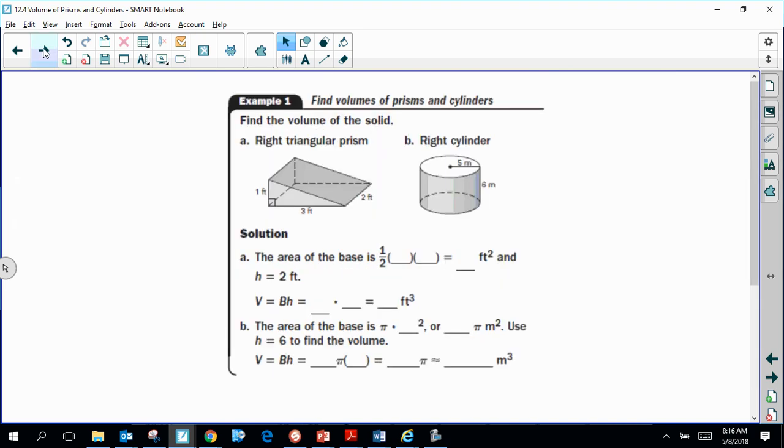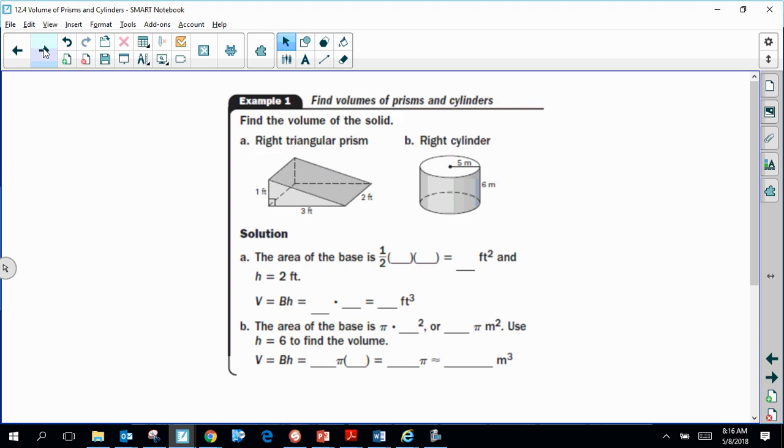So how do we find the volume of something? Well, we have two examples here. We have a triangular prism and we have a cylinder. Now, again, with prisms, there is a bit of a challenge with making sure that you identify what the base is correctly and therefore use the correct equation for the area of the base, whether it's a triangle, rectangle, trapezoid, or regular polygon.